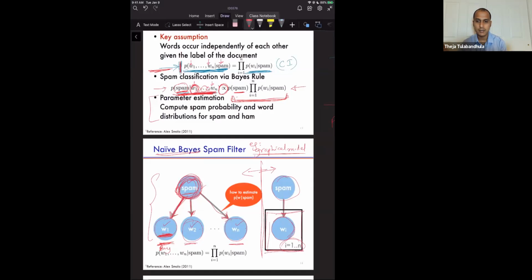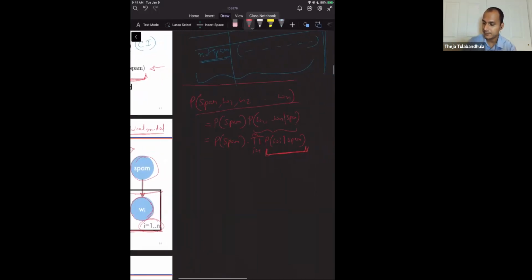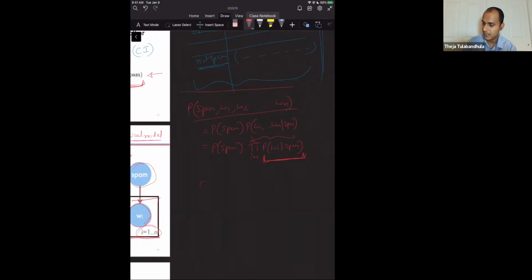I think some of you might have seen a generative model versus a discriminative model. And why the name generative model? Because you can generate an example.